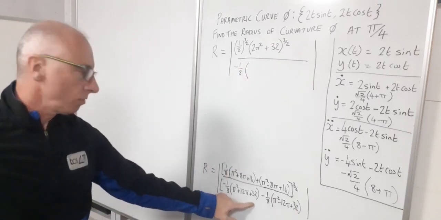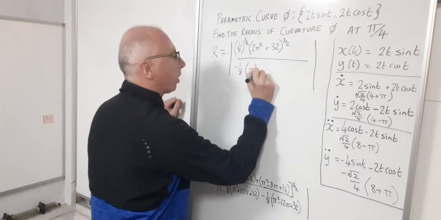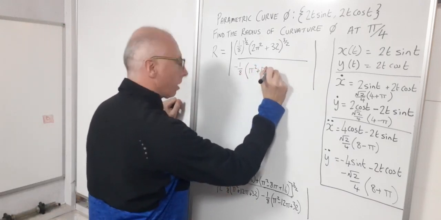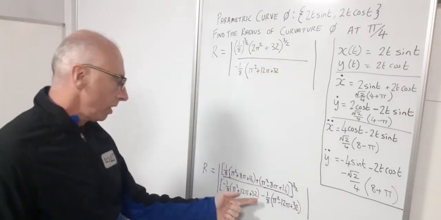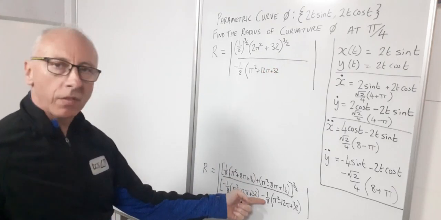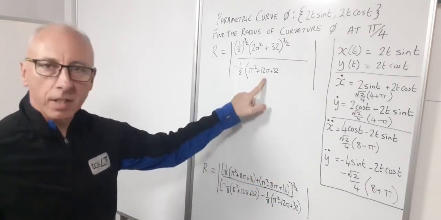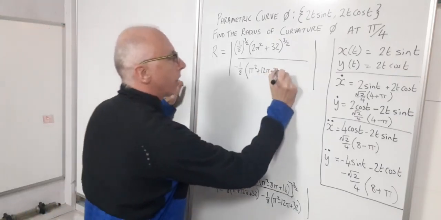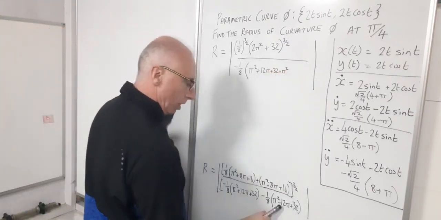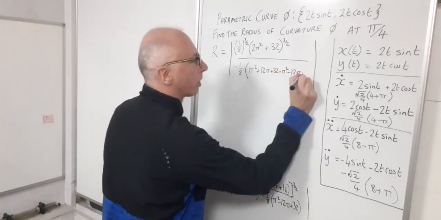Well, I know I can write that as it is: pi squared plus 12 pi plus 32. And now, as I've taken the minus 1 over 8 out and factorised it, I can just add these to these, and that will be valid with that minus sign taken out. So now I'm going to add pi squared minus 12 pi plus 32.